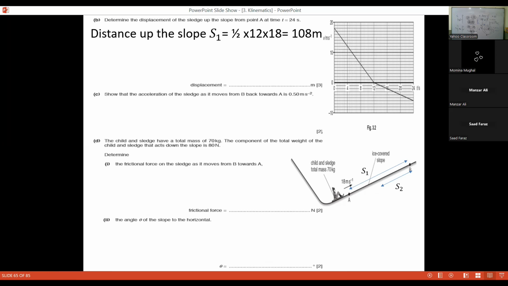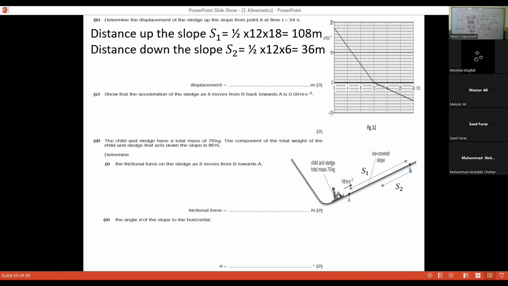For the larger triangle, half base into height. Similarly, for the smaller triangle, S2 is equal to half into 12 into 6. अगर हमने displacement निकालनी है from the start, it will be S1 minus S2. So your answer will be 108 minus 36.